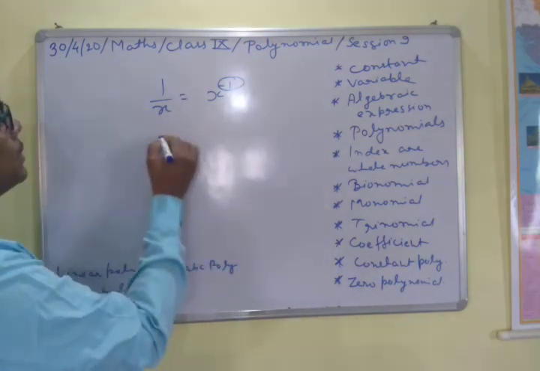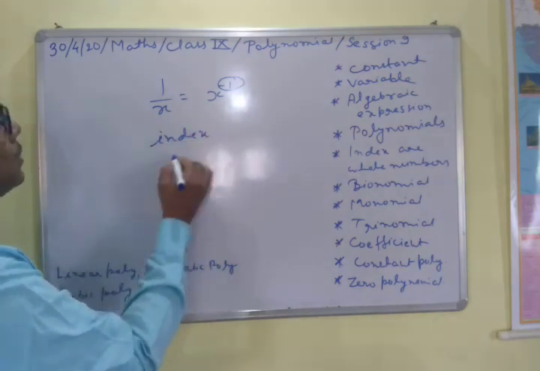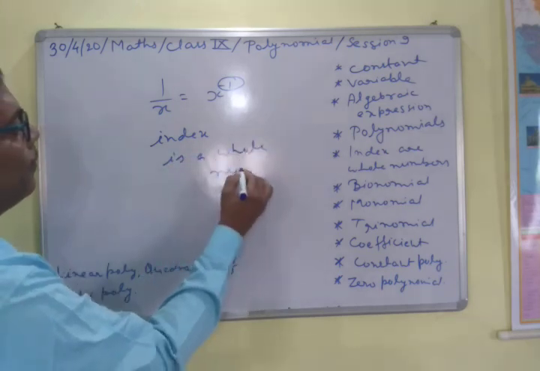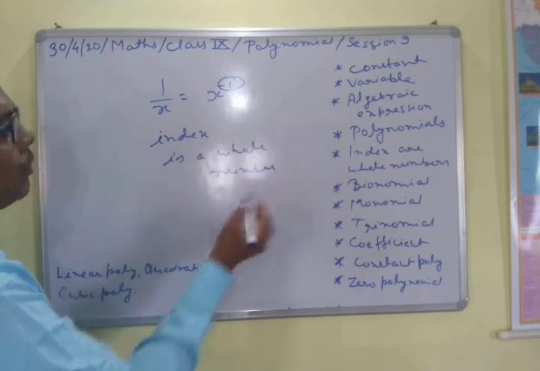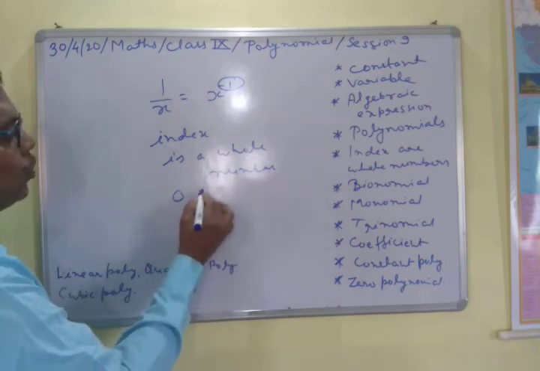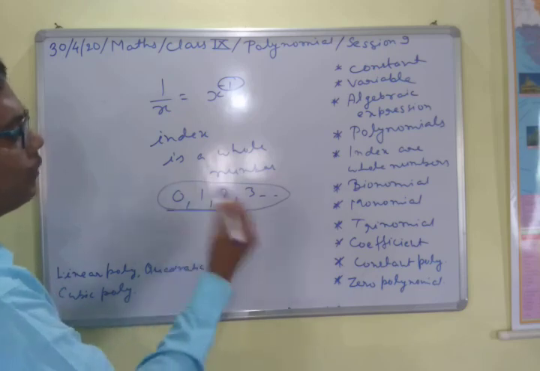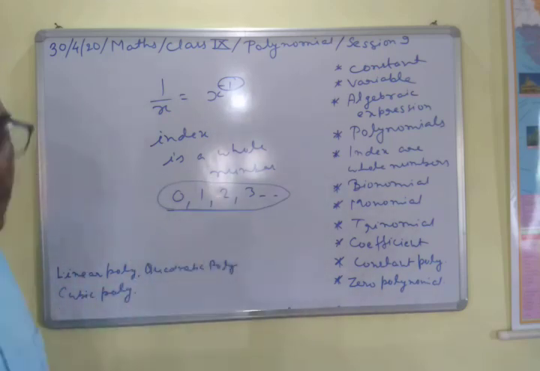Index is a whole number. Whole number means like 0, 1, 2, 3 etc. That is, if the index of the variable is this, then it will be a polynomial.